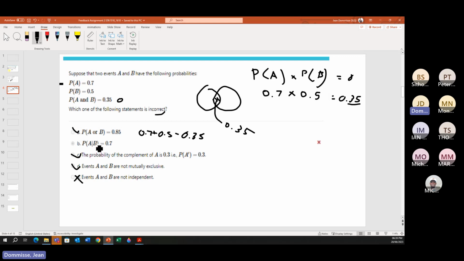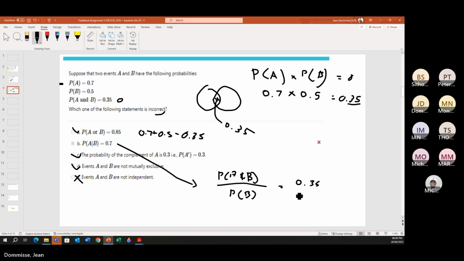And then A given B. So how I always try to remember this is we need to work out the probability of A and B divided by the probability of the last one, which is probability of B. So A and B is 0.35, divided by the probability of the last one, probability B, 0.5.